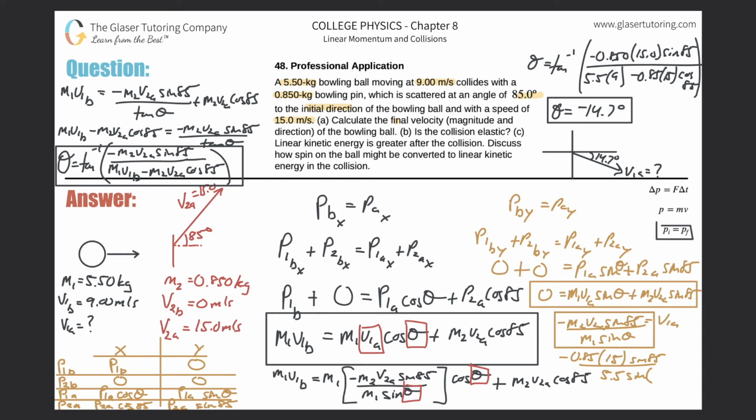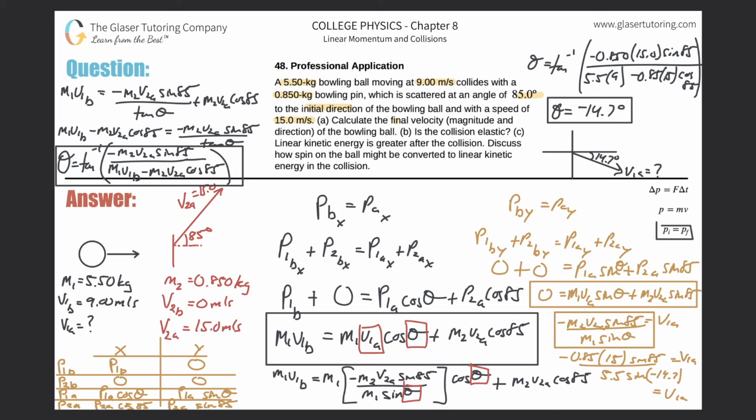Instead of figuring out when you can and when you can't, just leave it in. I think it might be more confusing otherwise. So V1A will equal, let's just calculate: negative 0.85 times 15 times sine of 85, and then divide that by 5.5 times the sine of negative 14.7.